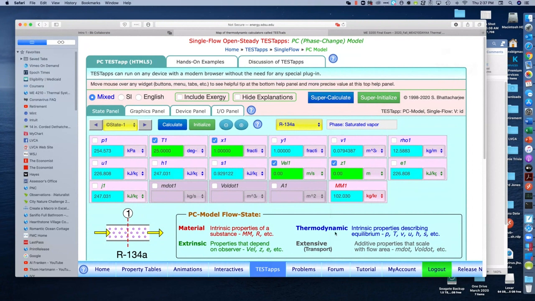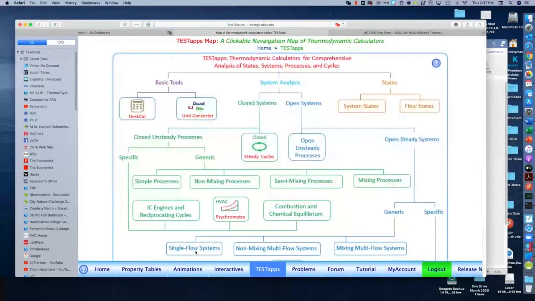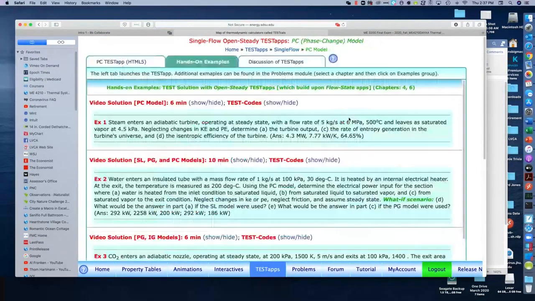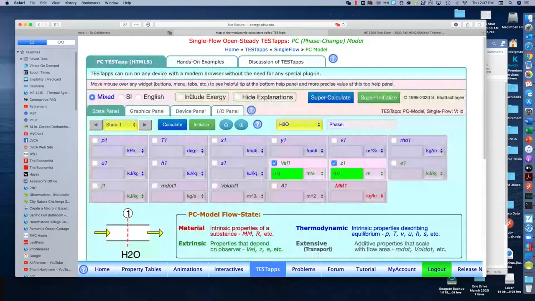Now what I'm going to do here is go back and restart the application, but this time I'm going to start from scratch as in English. And so once I did that, you'll see that all of the units here default to English units.